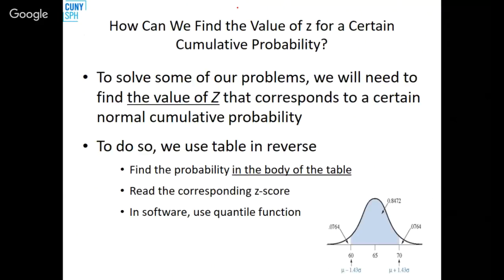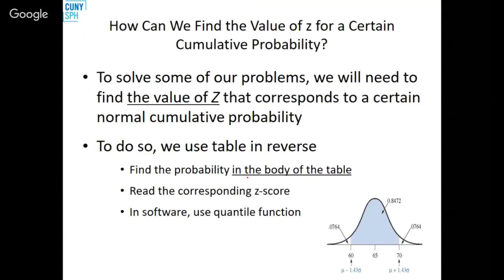So those were questions about, for a given value of z, what's the probability? What about the reverse question? For a certain cumulative probability, what is the value of z? So in this case, you're given the probability, you need to find the value of z. And to do this, you just use that same table in reverse.